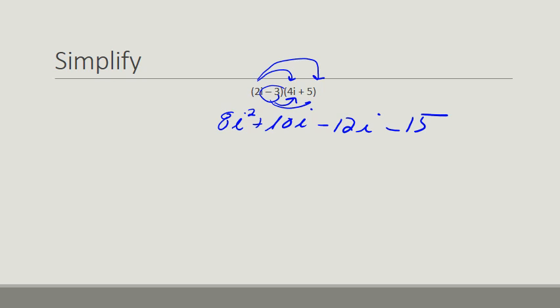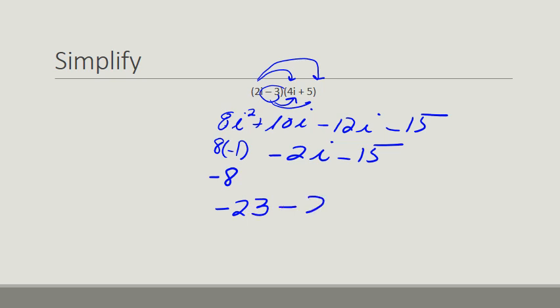And then we want to simplify. i squared is -1. 8 times -1 is -8. And then 10i minus 12i is -2i minus 15. If we add -8 and -15, we get -23 minus 2i. And that's simplified.